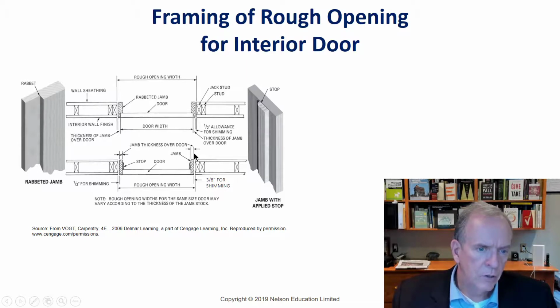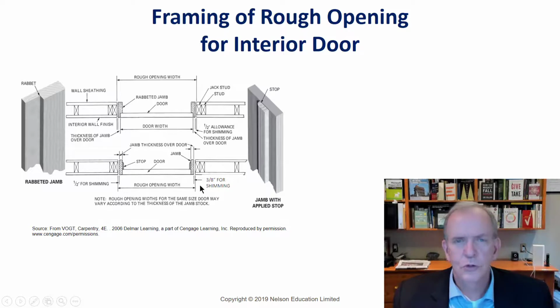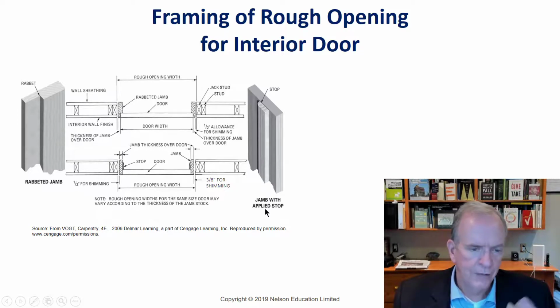In an interior door, we usually just put a door stop against the door where the door closes up against. In this case, I showed 1/2 inch of shimming on this side, 3/8 from that side. You choose one or the other. I probably should have just said 3/8 and 3/8 or 1/2 and 1/2 to be consistent. I think I made a little error there, but that's the way the cookie crumbles.